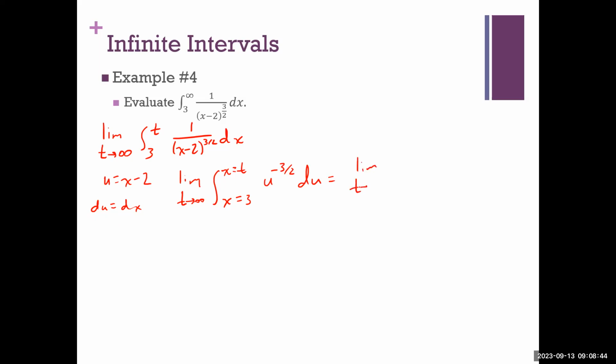Okay, so I'll write down both of those steps. So u to the negative 1/2 over negative 1/2, evaluated from x equals 3 to x equals t. So that becomes negative 2 over square root of u from x equals 3 to x equals t.